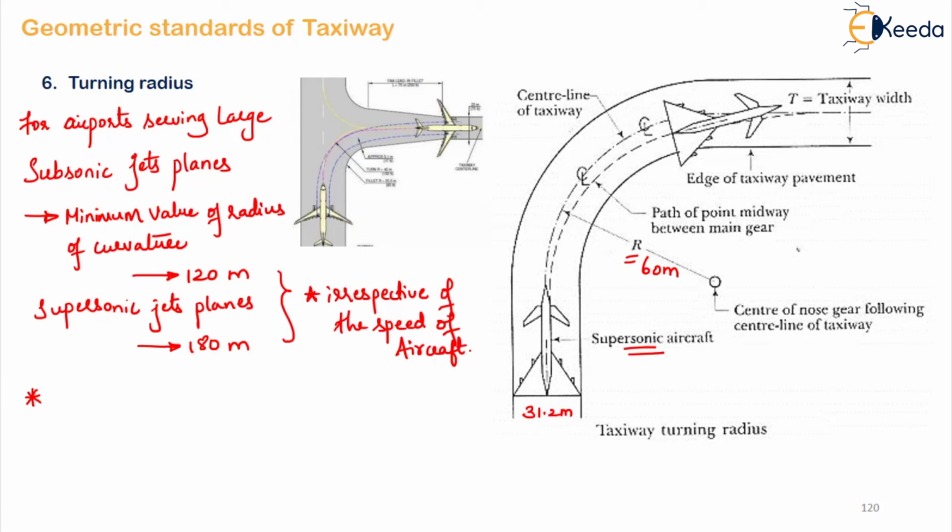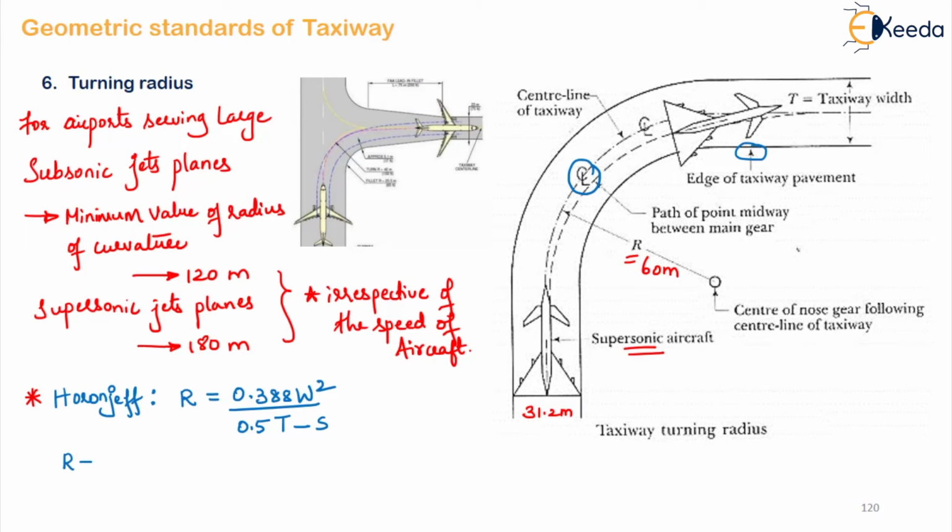According to Horonjeff, the radius of curvature should be such that a minimum of 6 meters is maintained between the nearby main gear and the edge of the pavement. So between this point, the path of the point midway between the main gear, and the edge of the taxiway, the formula becomes R = 0.388 W² / (0.5 T - S).